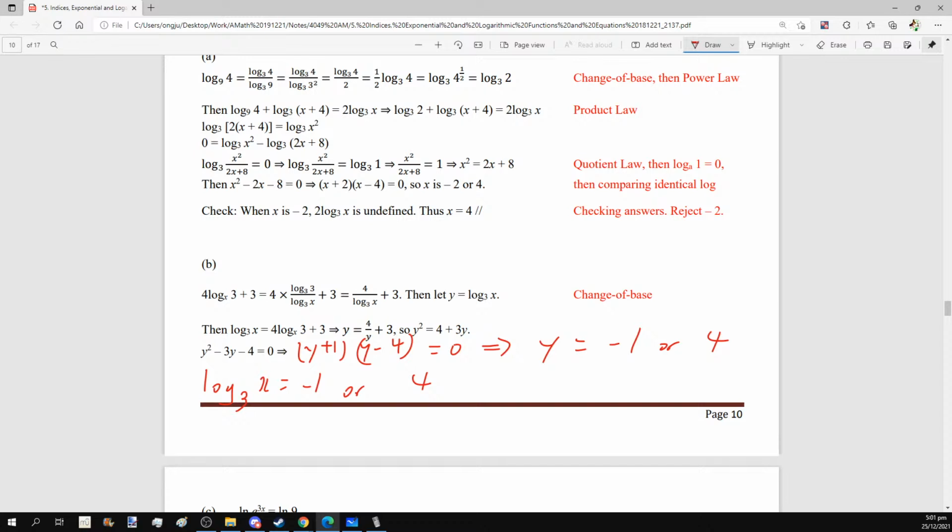And from here, if you remember what we did at the very first page of logarithms, we learned how to convert logarithm into exponential. So we will simply do the conversion over here, and we will get x equals 1 over 3 or 81.